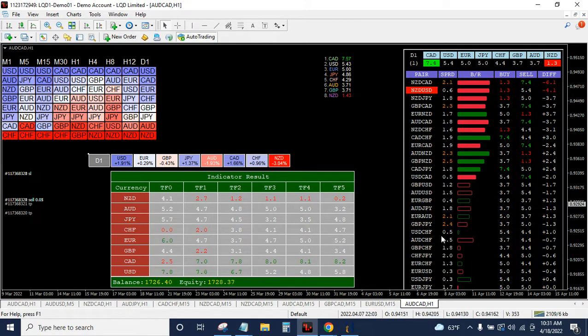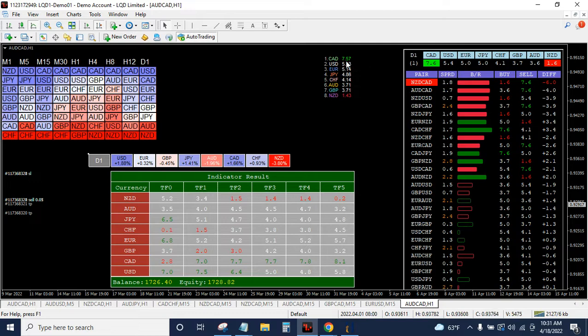But this strategy is going to use the strongest currency and its pairs, or the weakest and its crosses. What I mean by that is, if CAD here is the strongest currency, the EA is going to buy all the Canadian crosses that meet certain criteria.